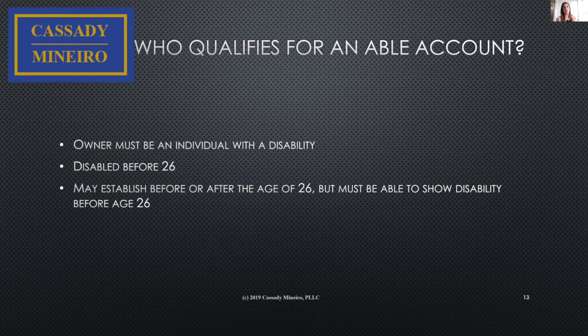There has been legislation every year since the ABLE Act passed to try and get this limit either raised or eliminated, specifically with individuals from the traumatic brain injury community. But as of right now, you need to be able to show disability before the age of 26.